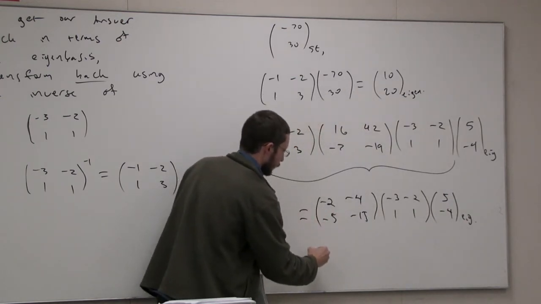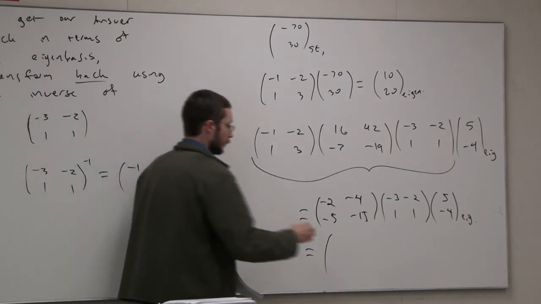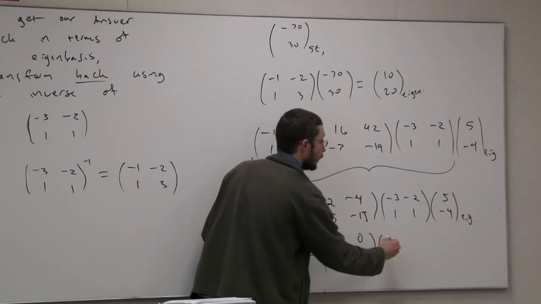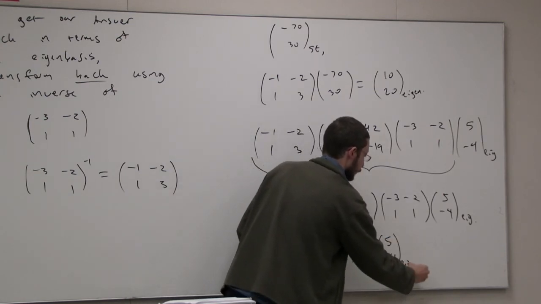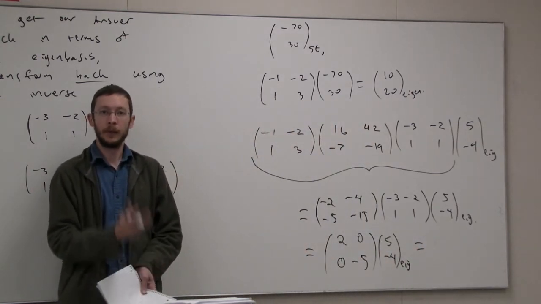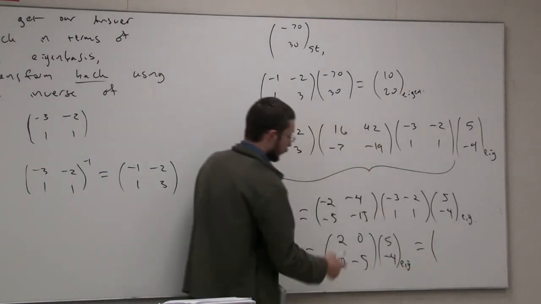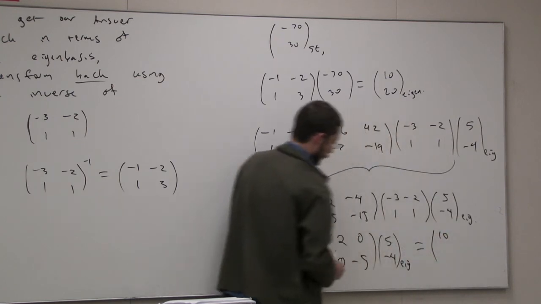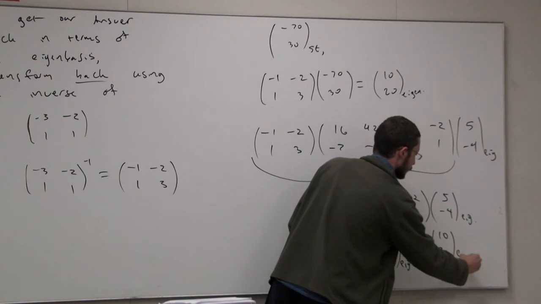Multiplying those matrices ends up giving you 2, 0, 0, -5 times this vector written in terms of the eigenbasis. And from here, it's just a matrix operating on a vector. You just multiply this out, you'd end up getting 2 times 5 is 10. -5 times -4 gives you +20.